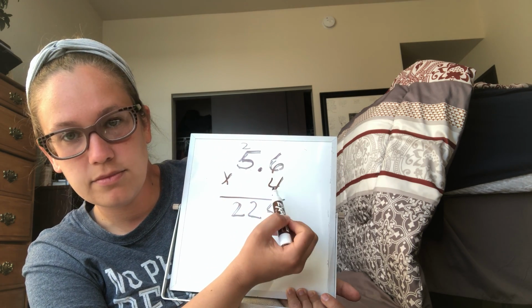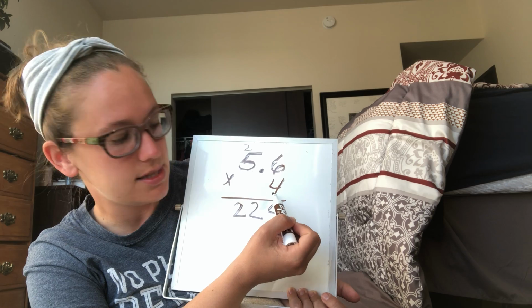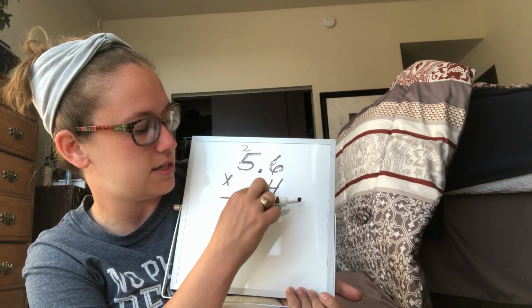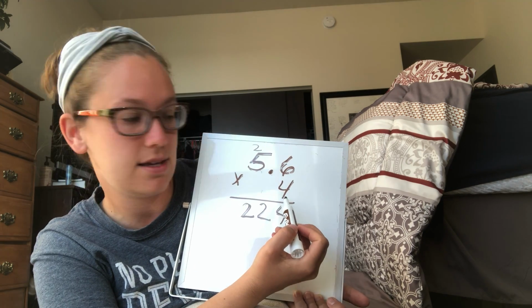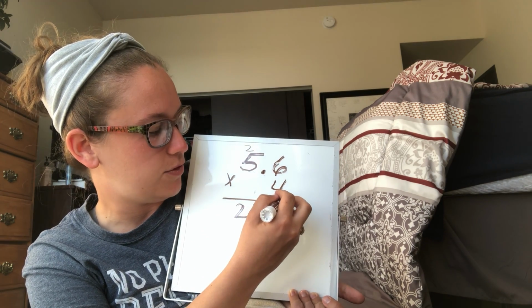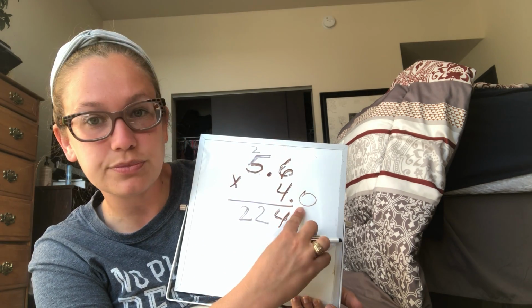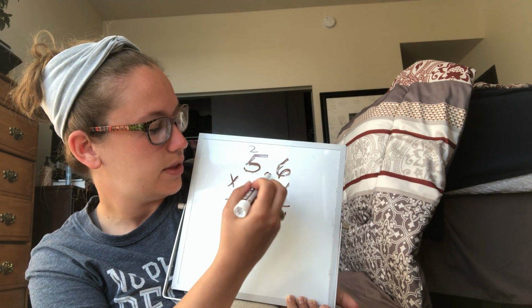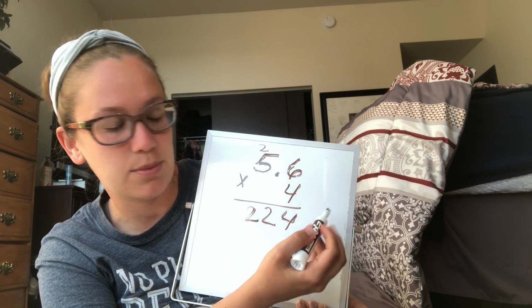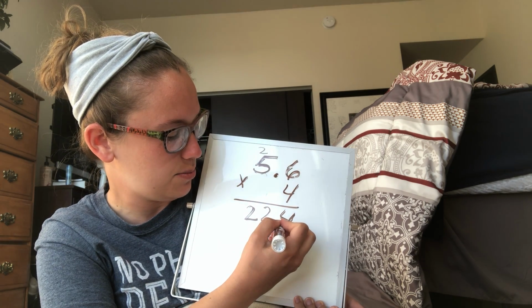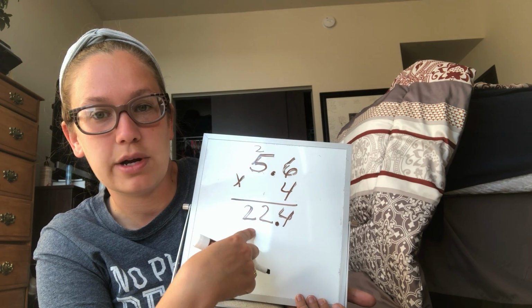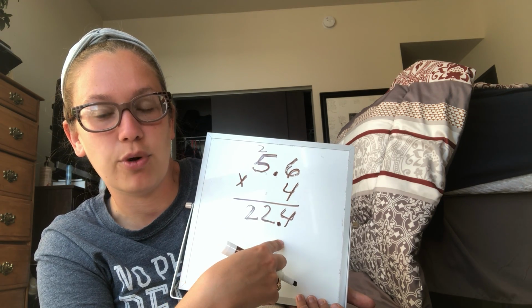Just one. 4 is not behind a decimal place, because that would mean that we were multiplying by 4/10, and we're not. We're multiplying by 4 ones. So the decimal place, really, if you want to think about it, is over here. But you don't have to think about that. So here, we only have one number behind our decimal place. So we're only going to make sure one number is behind the decimal place in our answer. So our answer is 22.4.